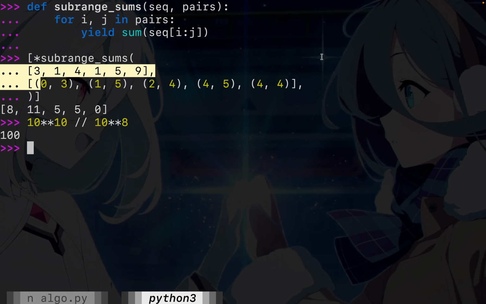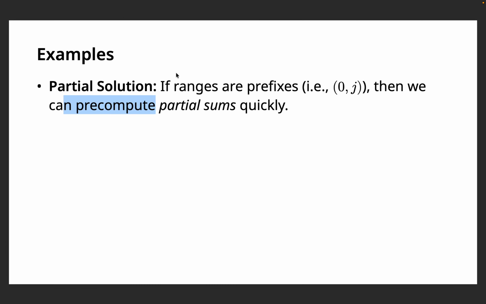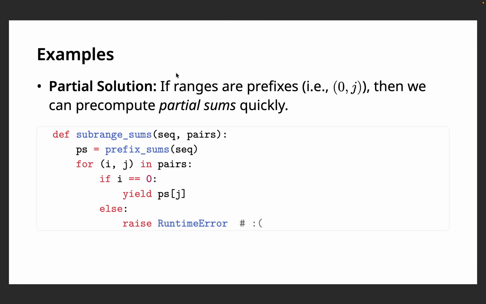Before answering the questions here, let's first compute all of the prefix sums of this array. So this is all of the prefix sums, and from the prefix sums, we already know that if our pair asks us to get the sum from i until j, where i is equal to 0, this will correspond to one of the elements in this prefix sum. So we just yield the corresponding element.